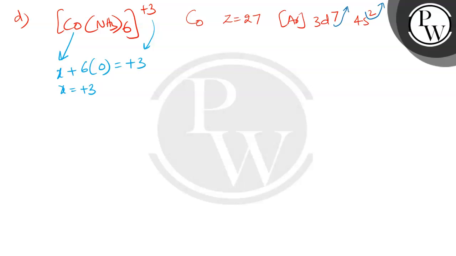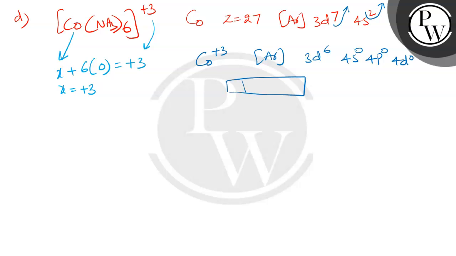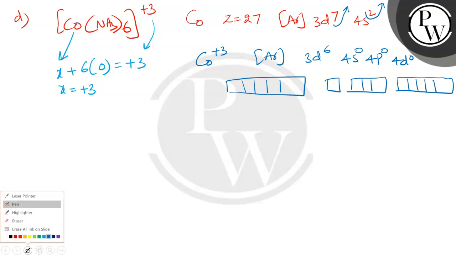So now the cobalt plus 3 electronic configuration is argon 3d6 4s0 4p0 4d0. Orbitals are available but no electrons. So in the inner d orbital 3d, 4s, 4p, the electronic arrangement is 1 2 3 4 5 6. This is the 3d6 electronic arrangement.